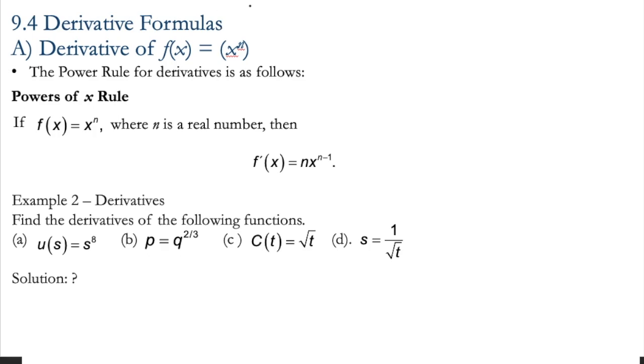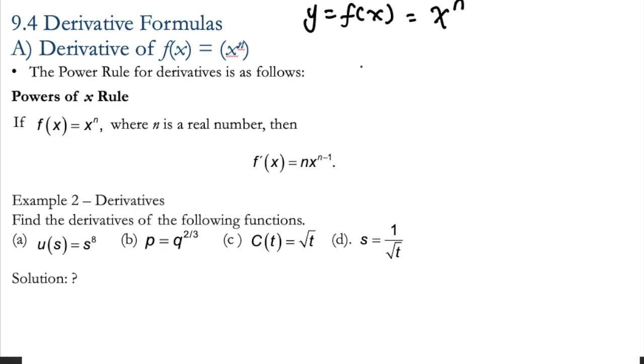Now let's look at some formulas of derivatives here. Let's say we have a function f(x) that is x raised to the power of n. So you have y, which is f(x), y depends on x, and in that equation you have x raised to the power of n. So the exponent of x here is n.